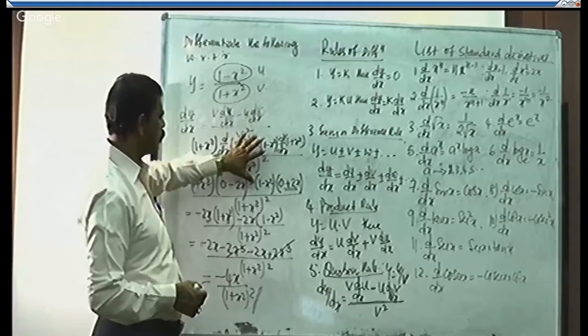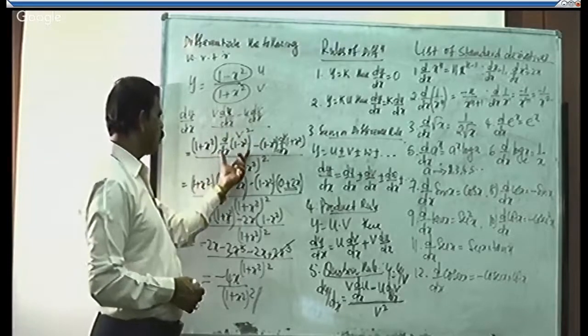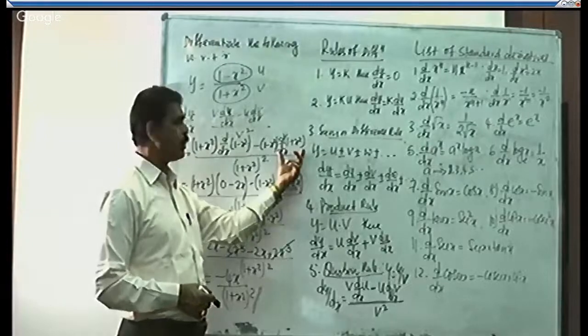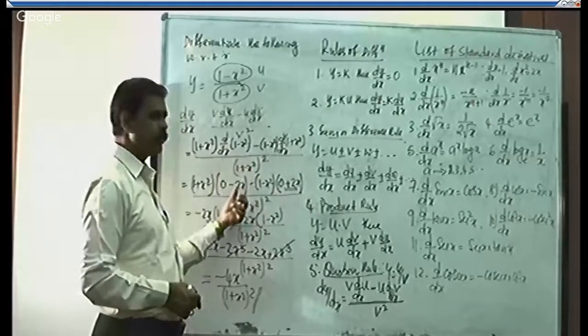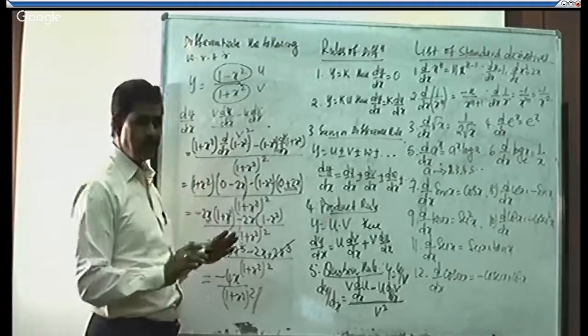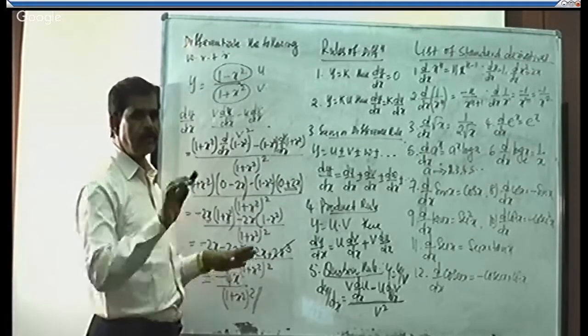Just write according to that. Then wherever you have dy by dx, only those terms are differentiated, others are kept as they are. After differentiation, no further differentiation is required. So the only thing is simplification.